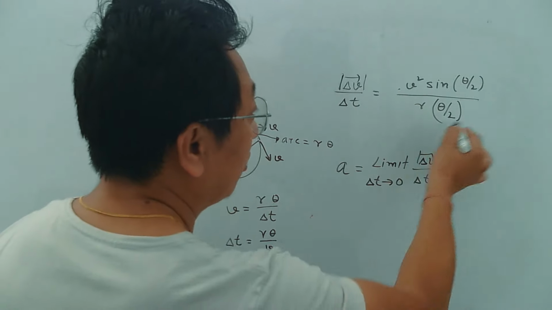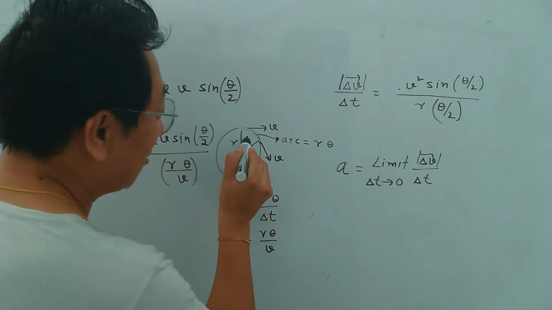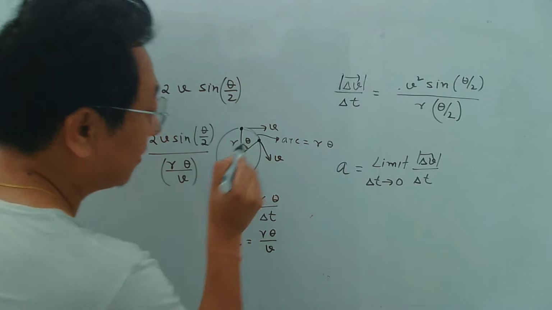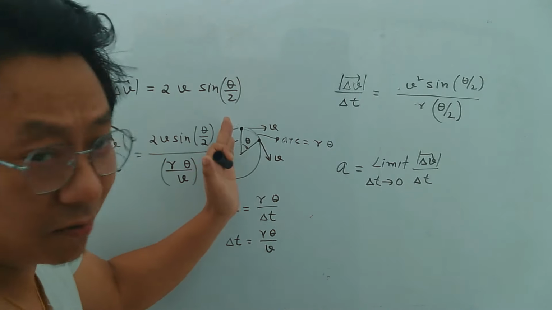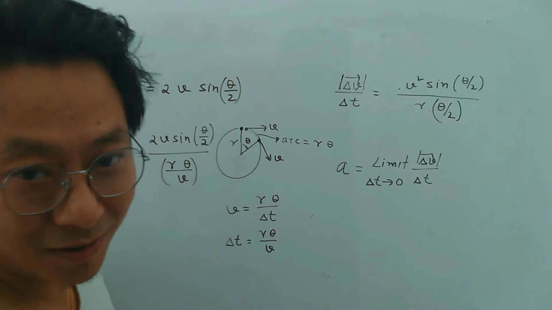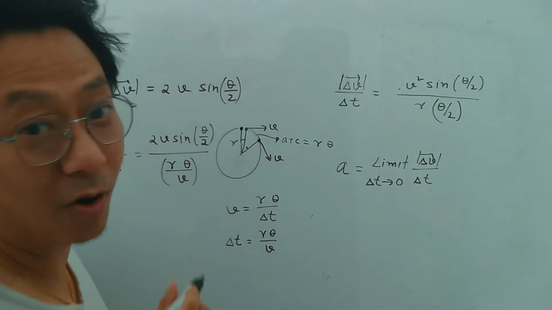Now in this formula, what does it mean when I say delta t should be very small? Remember, theta was the angle covered by the particle when it went from here to here. Now if you make the time interval very small, then the particle will go from here to only here. In that case, this angle theta will be very, very small.